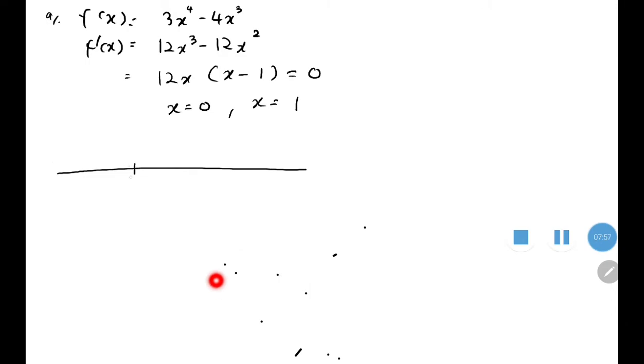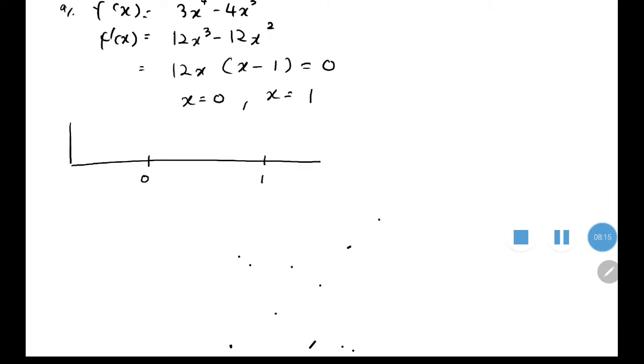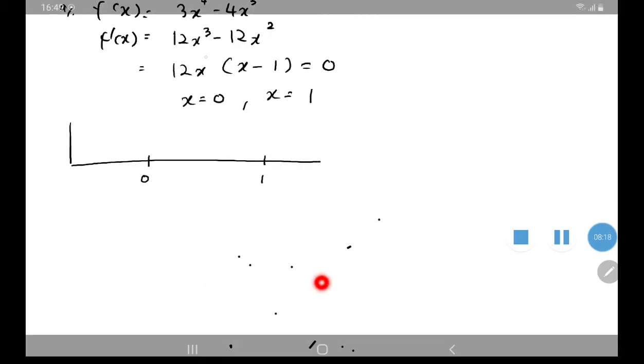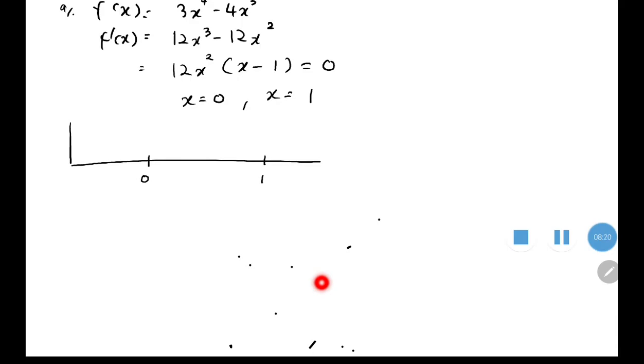So the critical numbers are 0 and 1, and the expression that we should use is x squared and x minus 1. Where do we get it from? We get it from this part here. I just omit the 12 because it will not affect the sign.